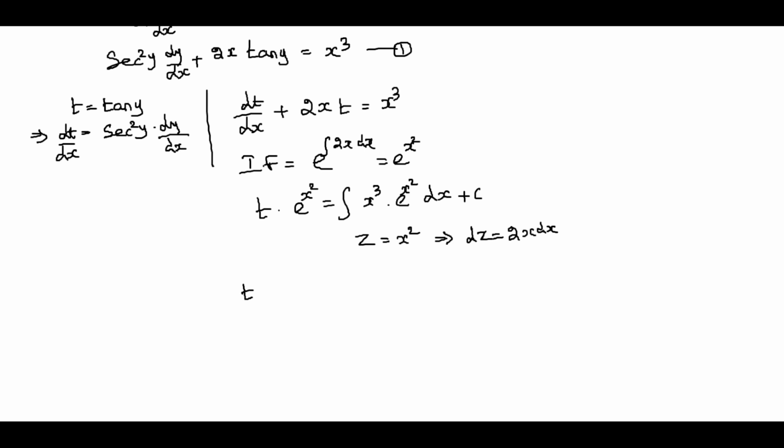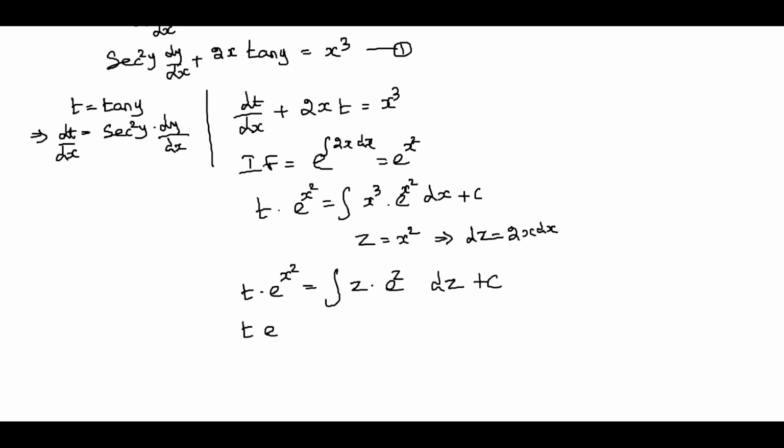The left side we don't need to simplify, so t into e power x square. On the right, x square will be z, so you have to split the term x cube as x square into x; x square will be z, and one more x will be combined with the dx, so it is dz. The remaining term e power x square is e power z, plus c.